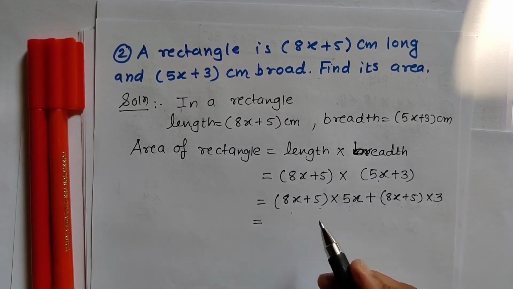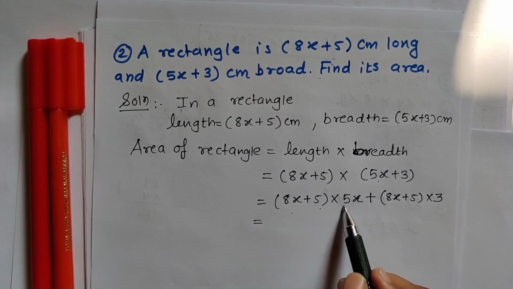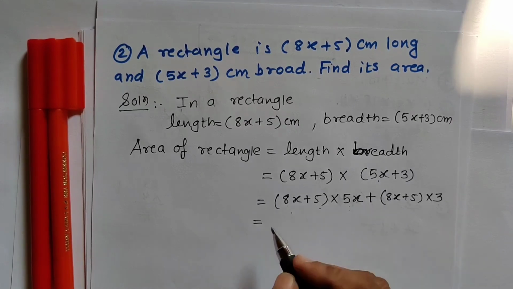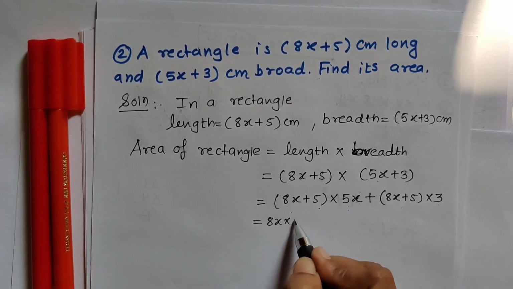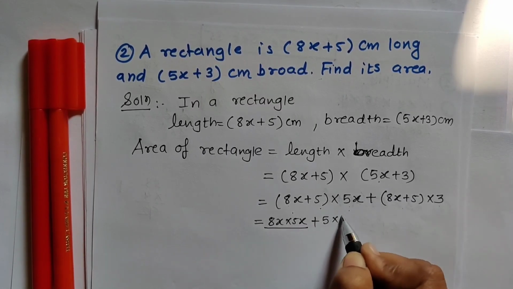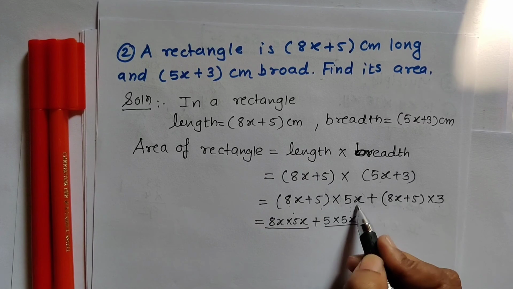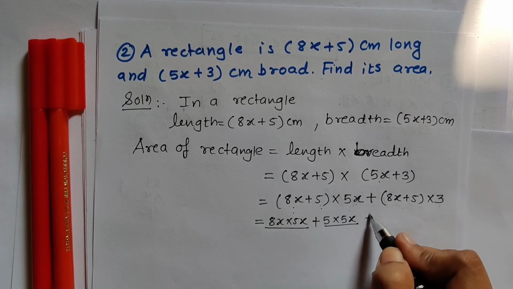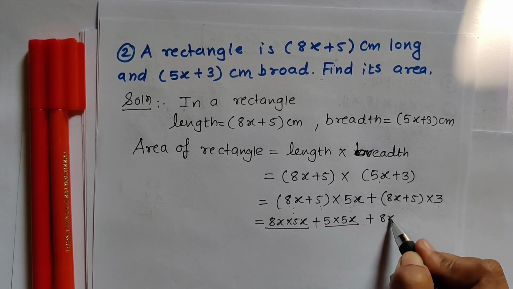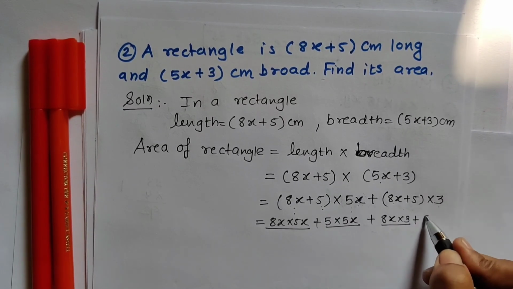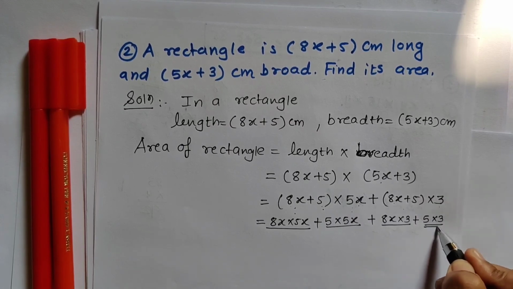Now what we do, we multiply this term 5x to both the terms of this bracket. That means 8x multiplied by 5x and plus 5 multiplied by 5x. That means we have multiplied 5x to 8x and to 5 also. Same we are going to do here. 8x multiplied by 3 and 5 multiplied by 3.